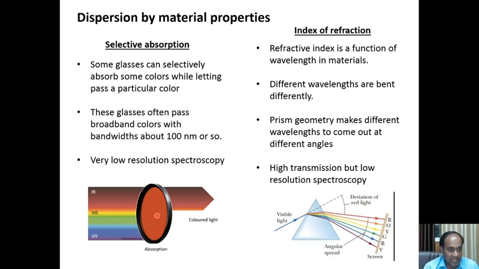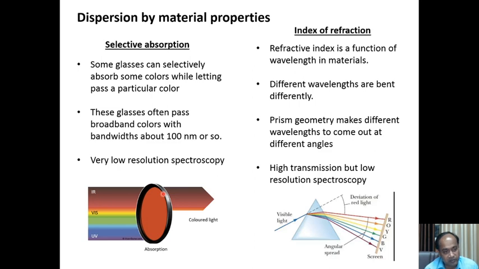So there are certain glasses made with pigmented impurities so that they can selectively absorb some colors while letting a particular color pass out. These glasses pass broadband colors with bandwidths of about 100 nanometers or so. That's why you sometimes get very beautiful glasses, red glasses, blue glasses, and all that, which we also use in spectroscopy.